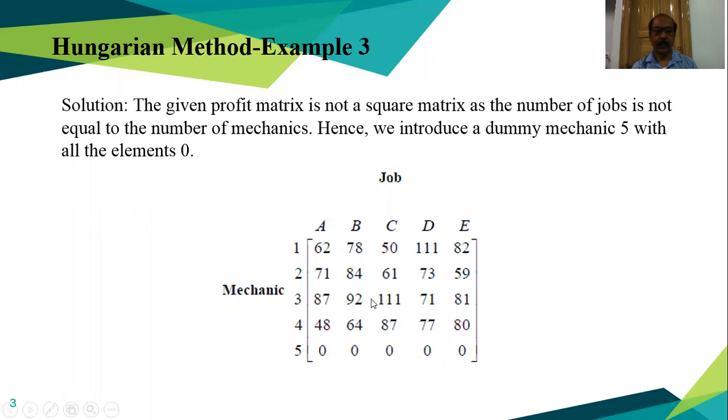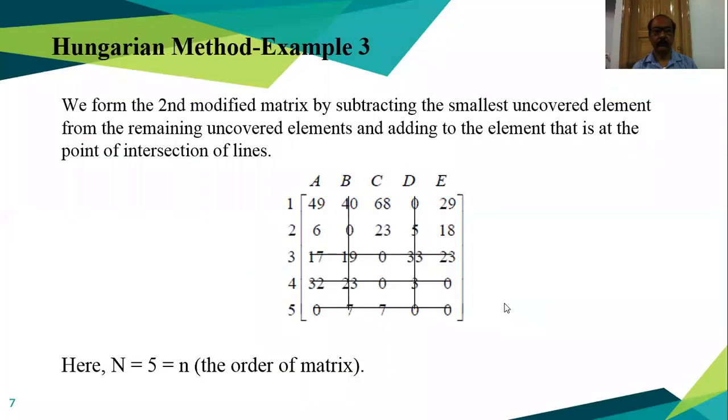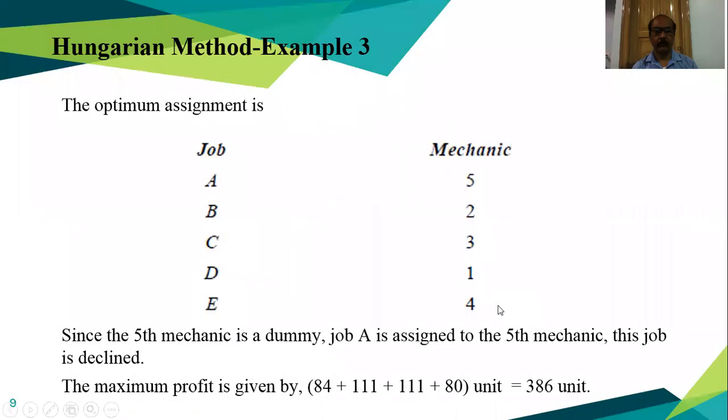That 211 is repeating. From the profit matrix we have to find the values and add them, and in this case the value from the dummy is 0, and the total is equal to 386.